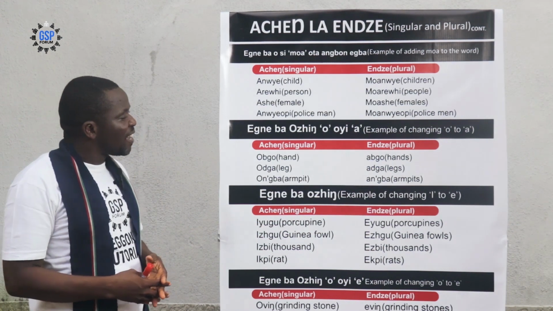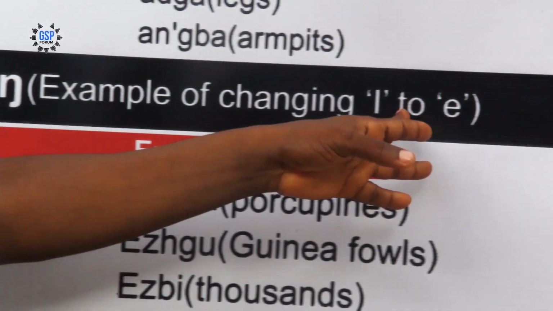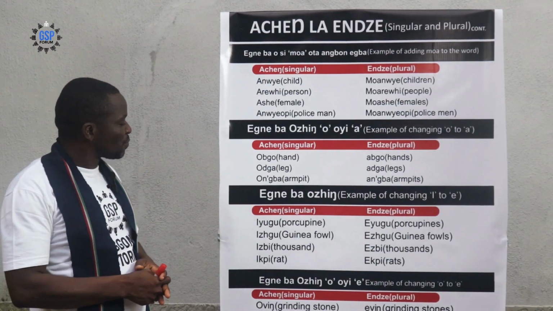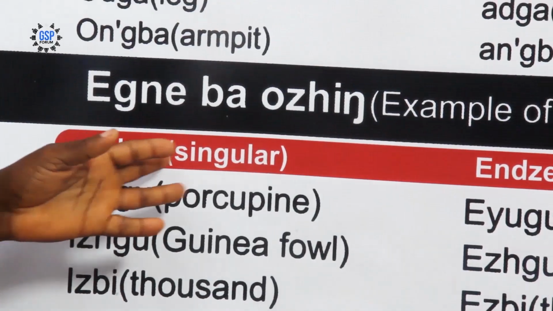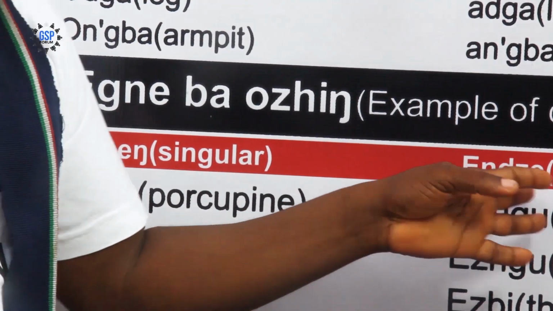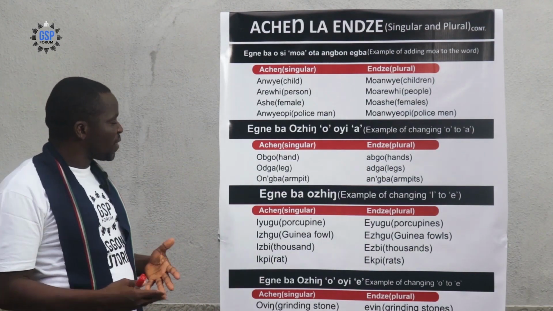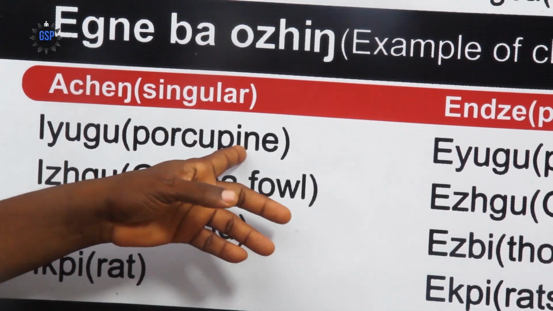Let's see the example of changing I to E. In this example, we have singular and plural. In changing I to E, we have Igu, which is porcupine.